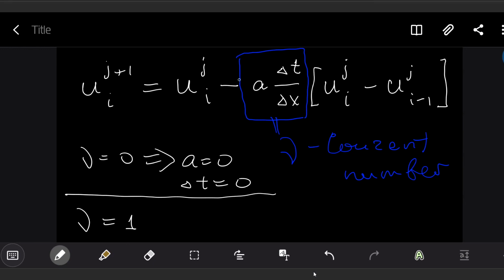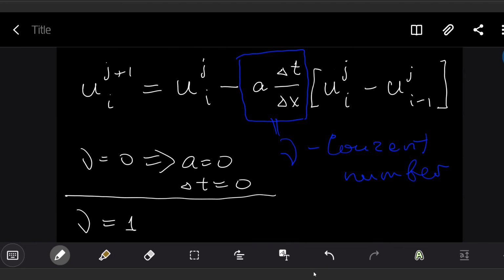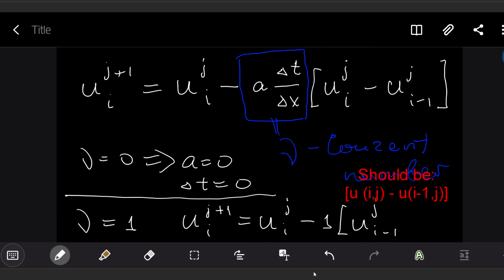So I will write here, u at the point we would like to know at the next time step would be equal to u on the previous time step minus 1 times, u on the previous time step minus u on the previous point in space.